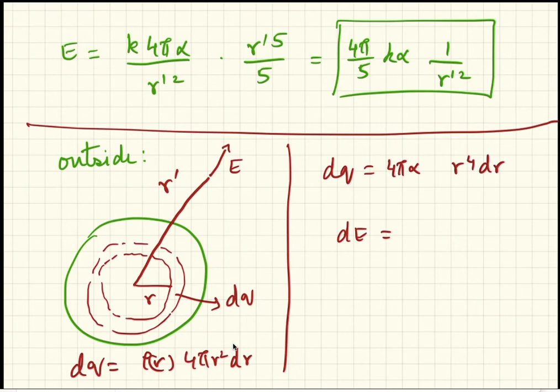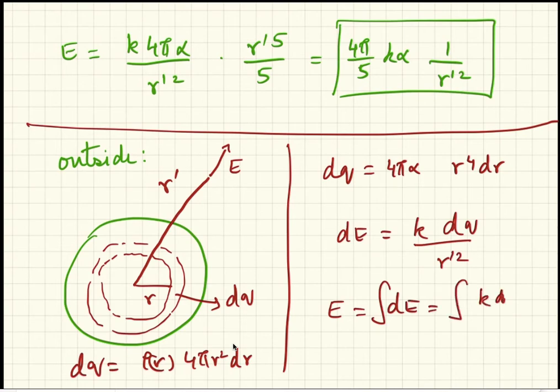So dE is k dq divided by r prime squared. The total net electric field is this integral, which is equal to k dq over r prime squared.